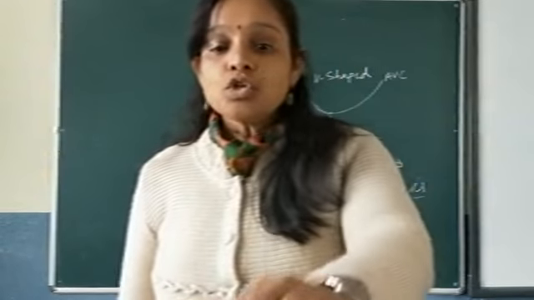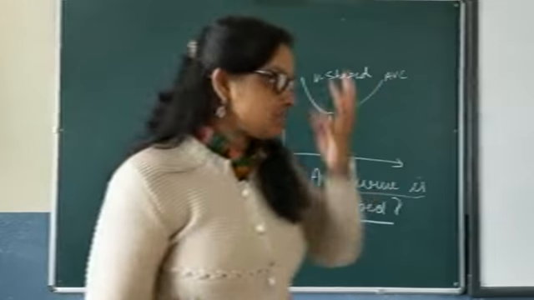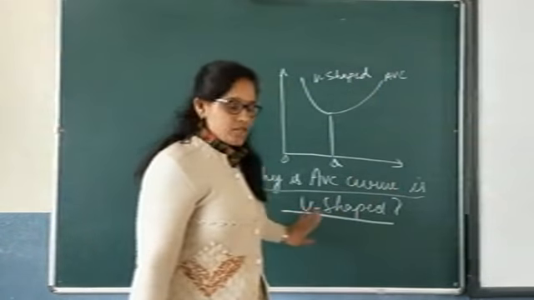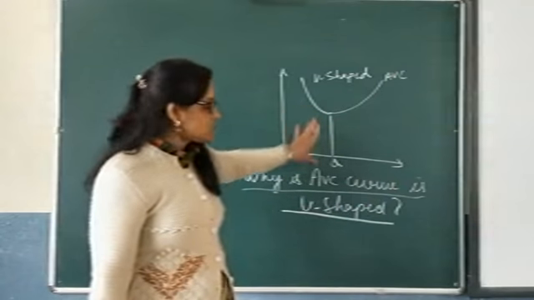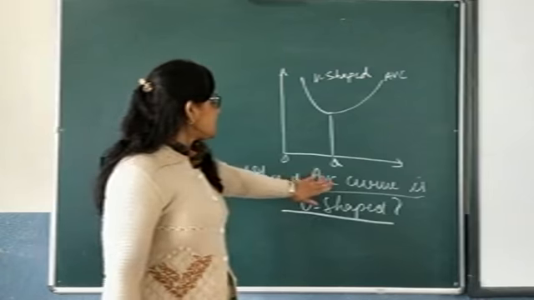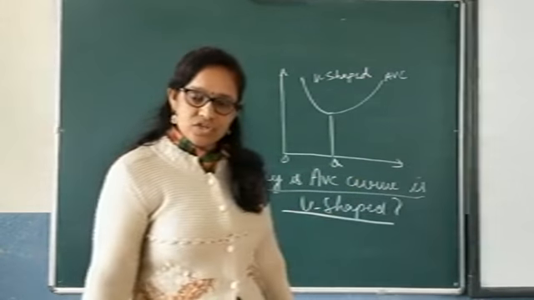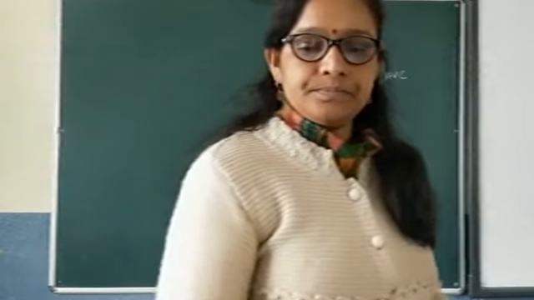Is it clear to all of you? So please now write down the answer of this question. So first we have written the explanation of the diagram and schedule of average variable cost. Now write this question, why is AVC curve U-shaped? Okay, question written, write down the answer.